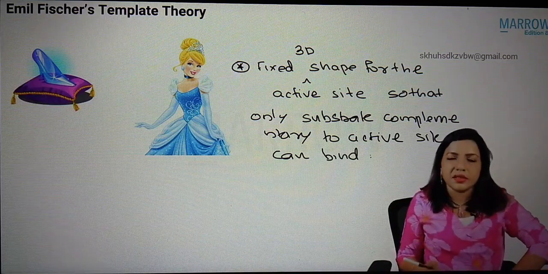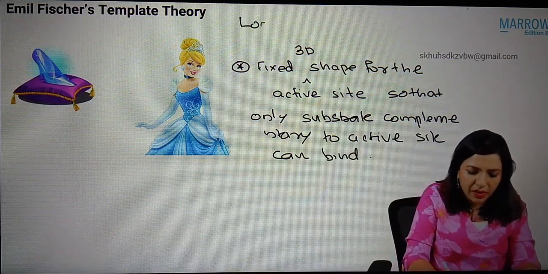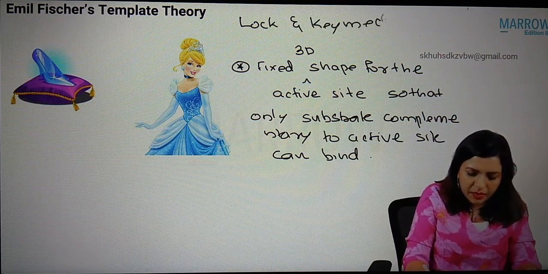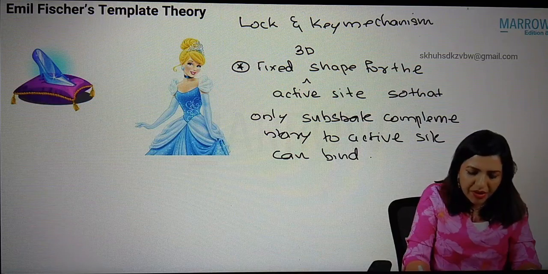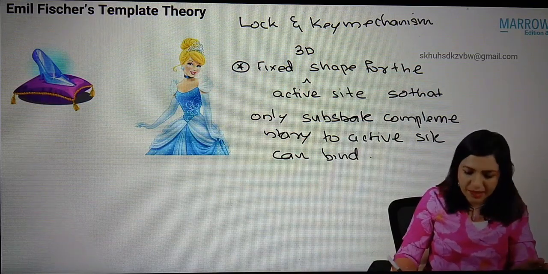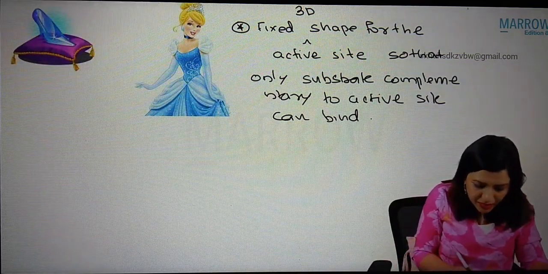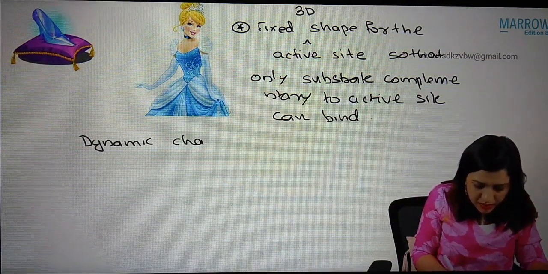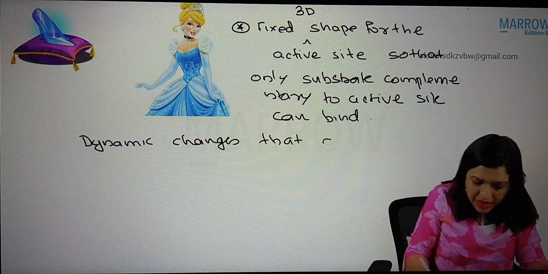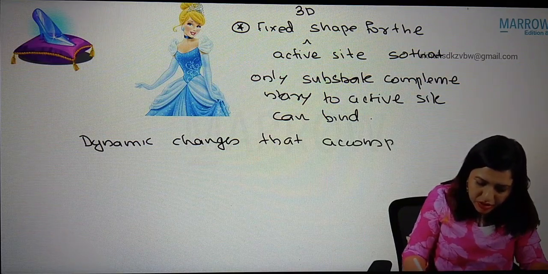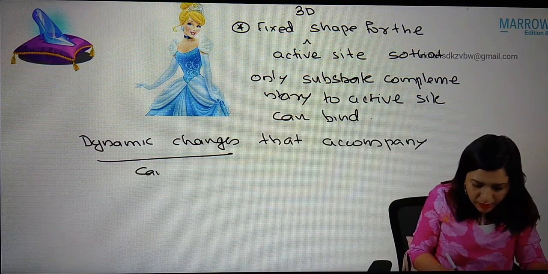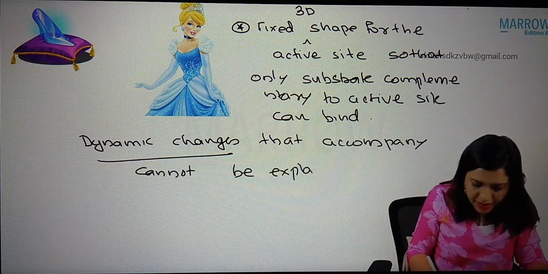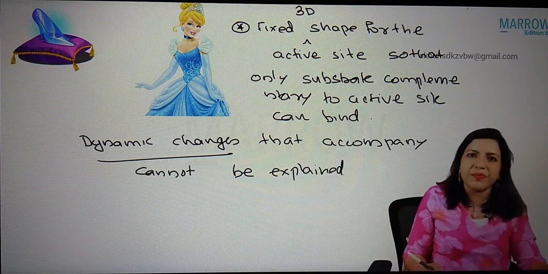So this is also called the lock and key mechanism. But what is the problem here? This theory cannot explain the dynamic changes that accompany a reaction. That is the problem with Emil Fisher's template theory.